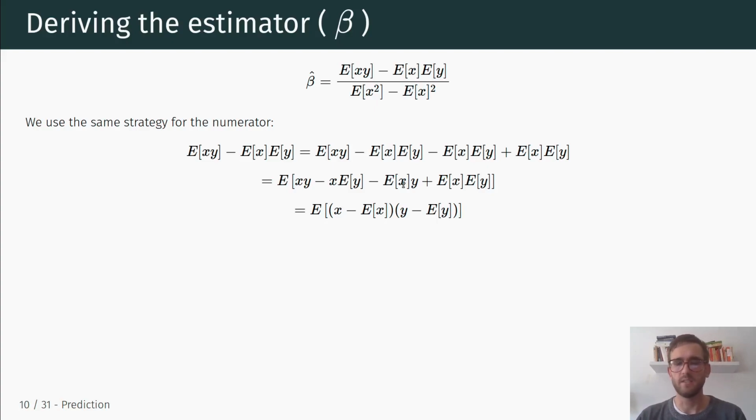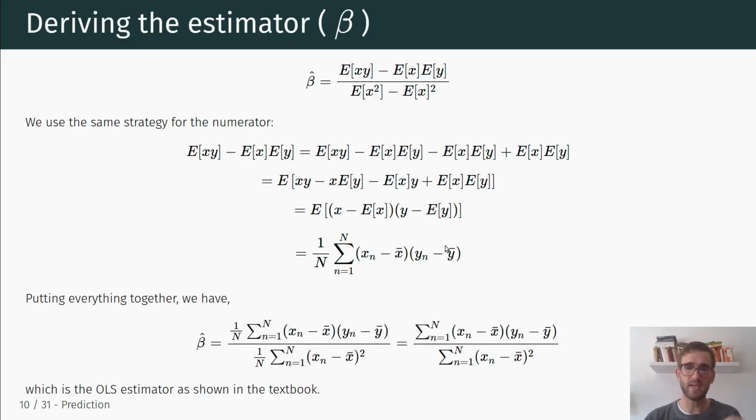Okay, and of course now we can replace these expectations again with our 1 over n times the sum from n equals 1 through capital N of xn minus x bar times yn minus y bar. Okay, so that basically takes care of the numerator.